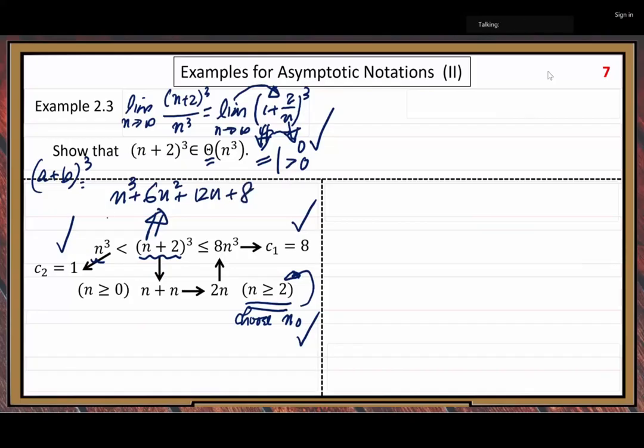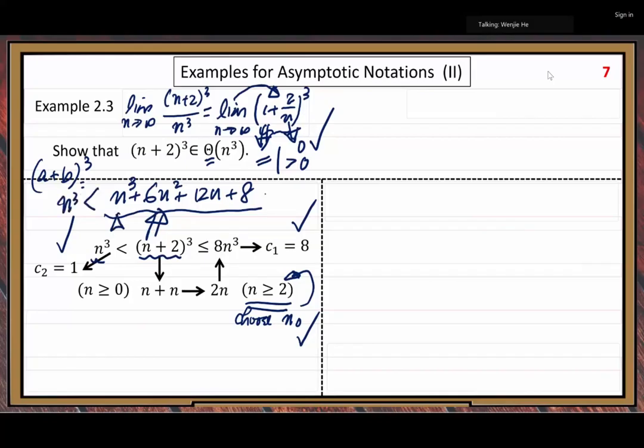So they expand our f function into the standard form of the polynomial. After that, if you work on the lower bound, that's easy, because of the first term, you can write greater than.